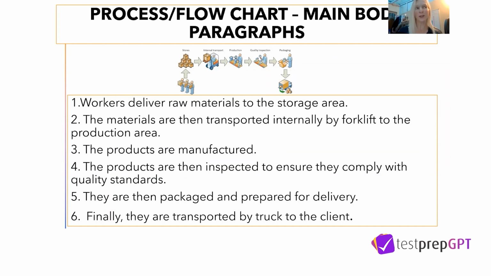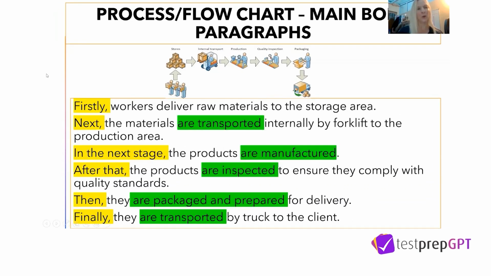Now, I don't want to write it like that in the essay. I need to use cohesive devices because this is writing task 1 IELTS, and I need to show that I can write in a coherent manner. So what I've done here is I've added some really nice linkers.